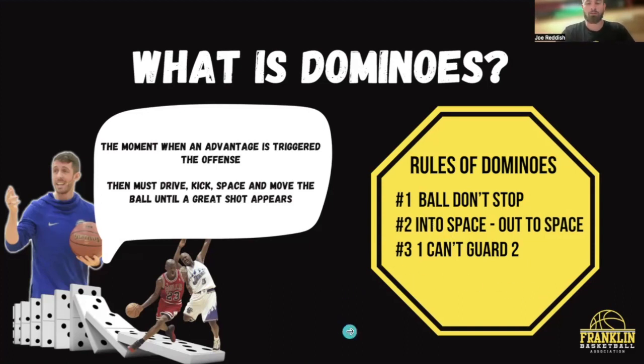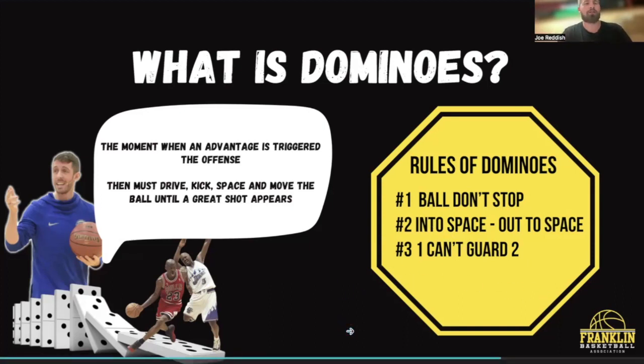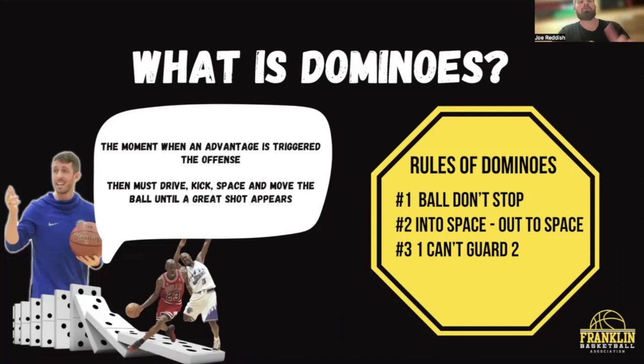And the last rule is, how do we stretch the defense? We don't want one to be able to guard two. What that means is, if I'm on defense and two players are really, really close together, well, then me on defense, I can cover space and be able to guard two players at the same time.